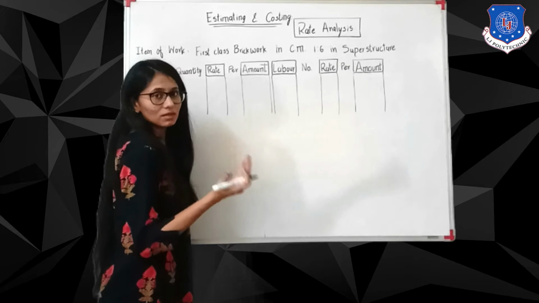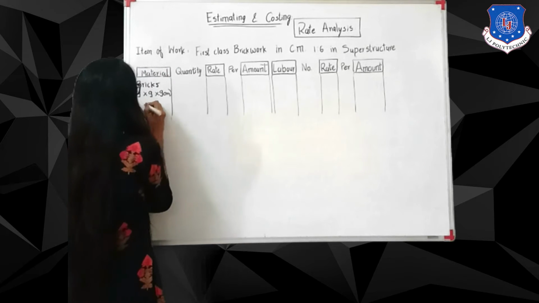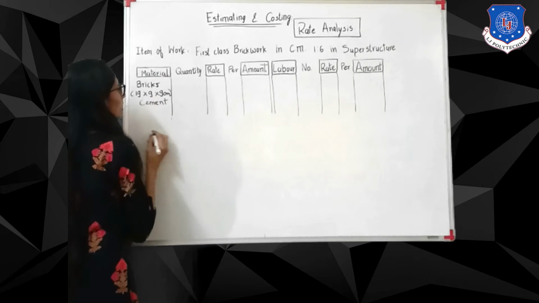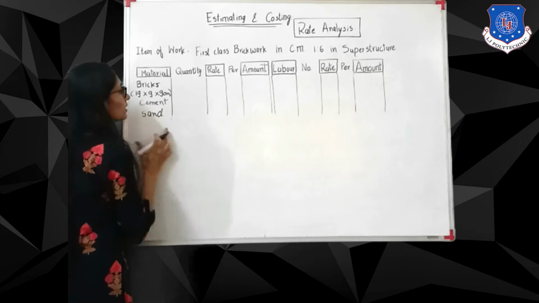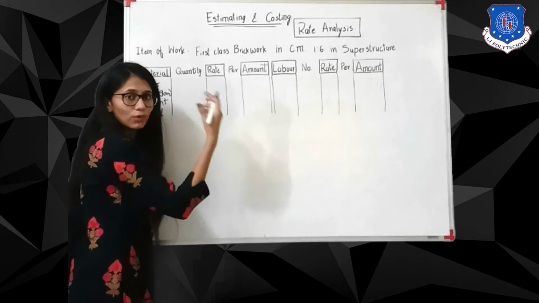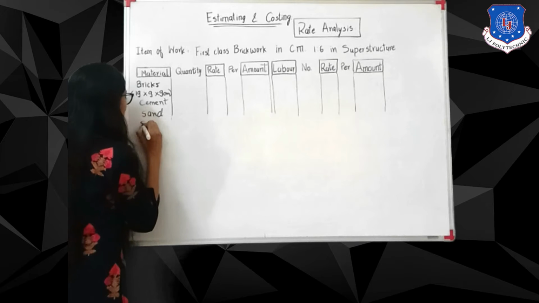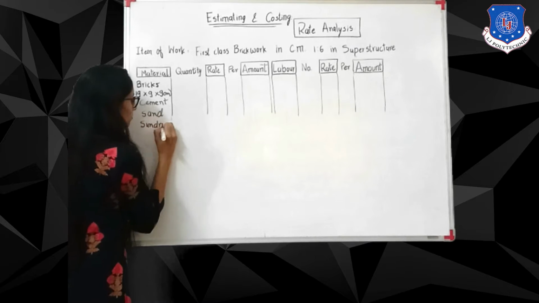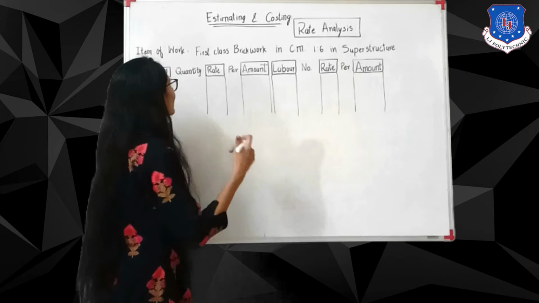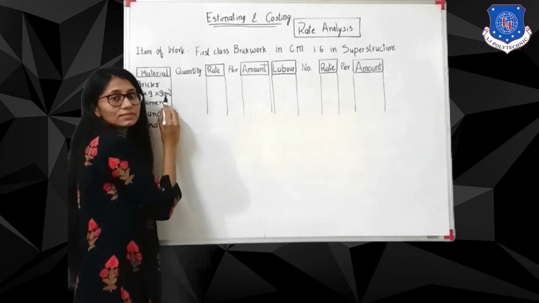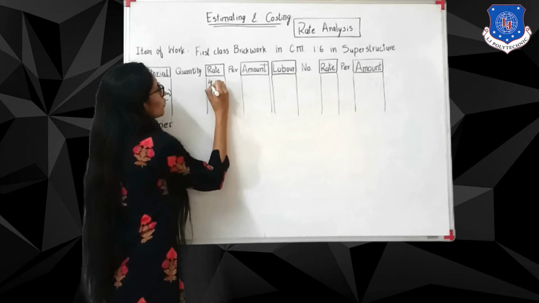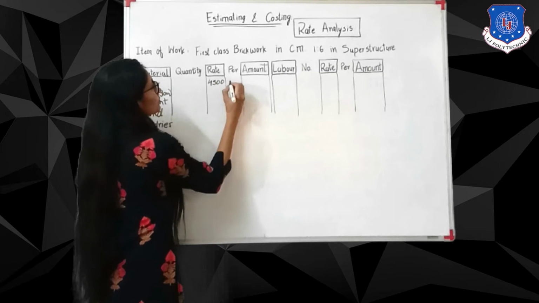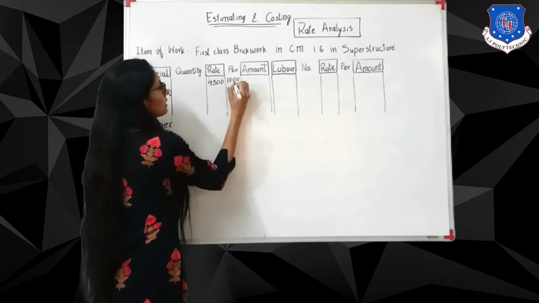Next I'm adding the other materials, cement and sand. Also we're going to calculate sundries for the materials. Now I'm adding the market rates. For the bricks we are paying 4,500 per 1,000 bricks.